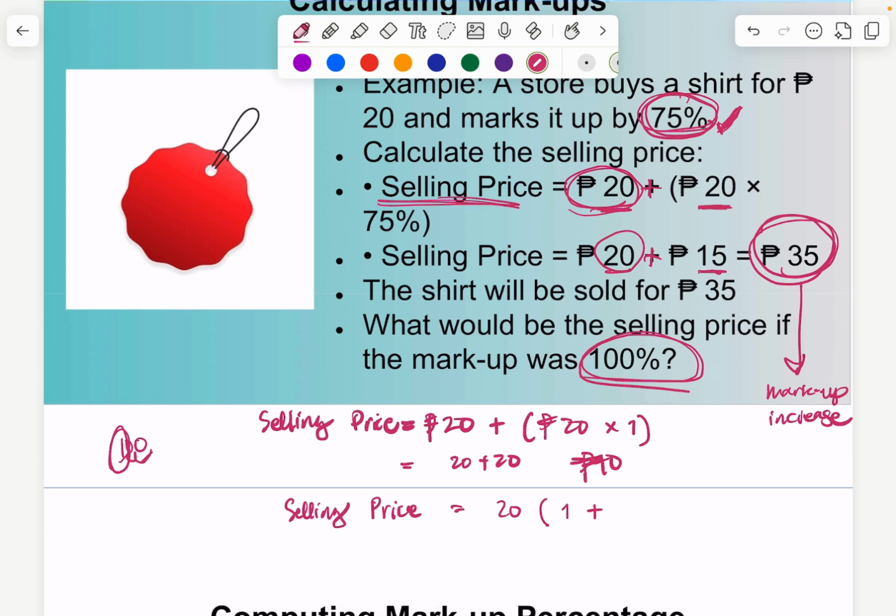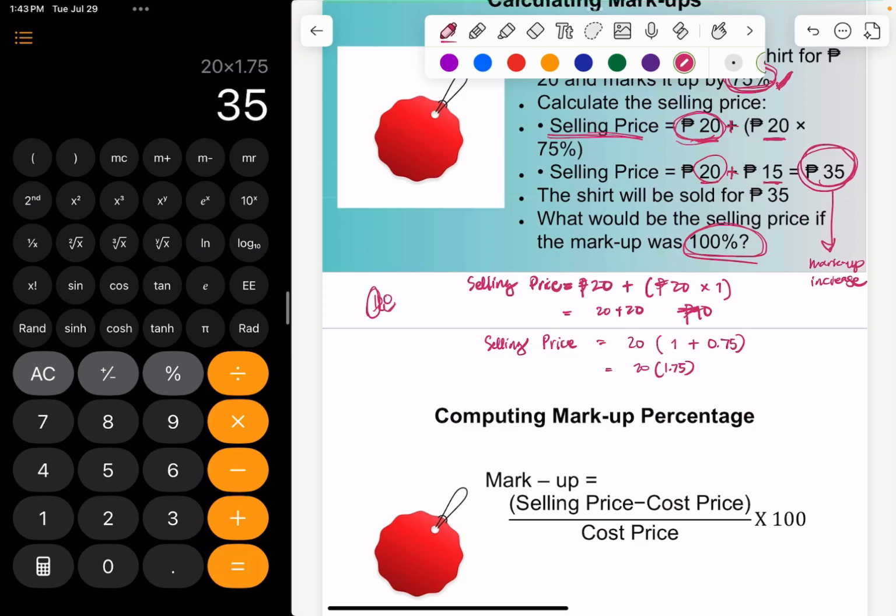Pwede na po siya dato i-associate with inflation rate. So that is 0.75. So you'll have 20 times 1.75. Okay, you still have the same answer, that is 35 pesos. Okay, you can use that solution as well.